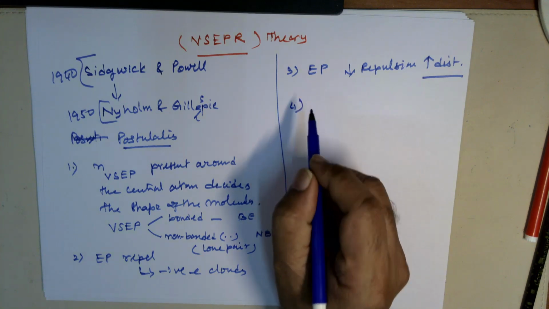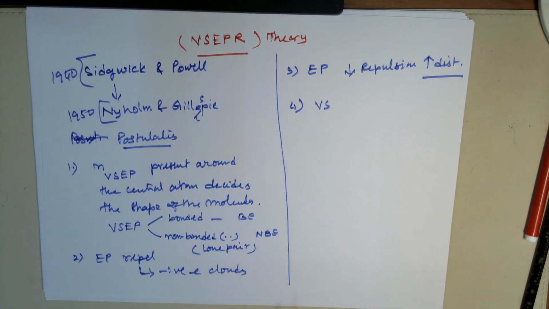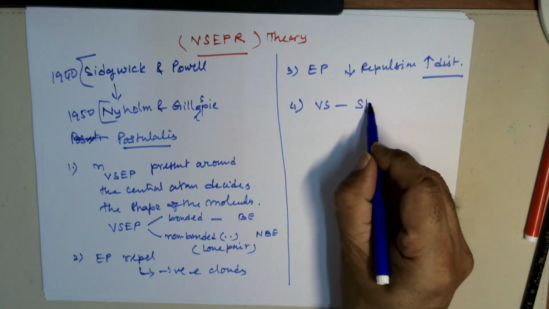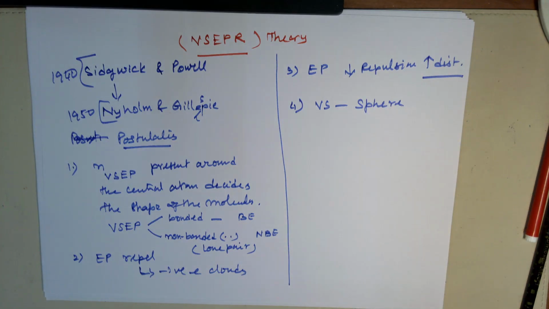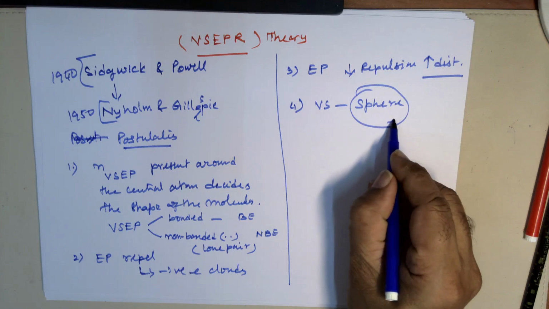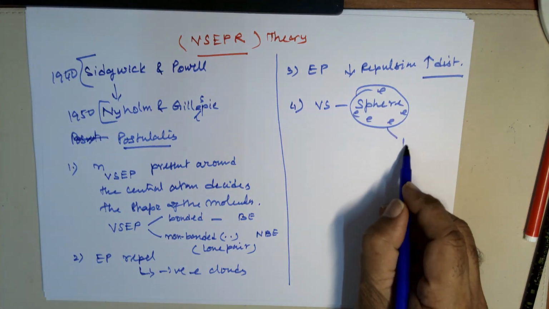Next one. The valency shell is considered to be a sphere in which the electrons are localized.